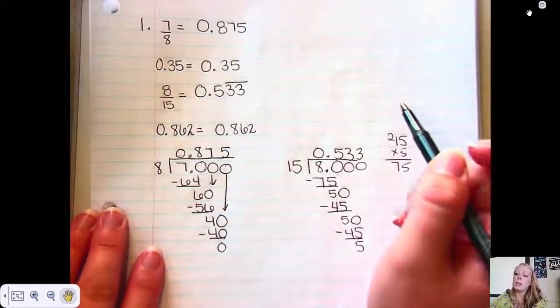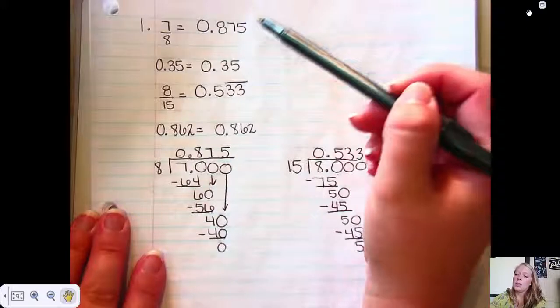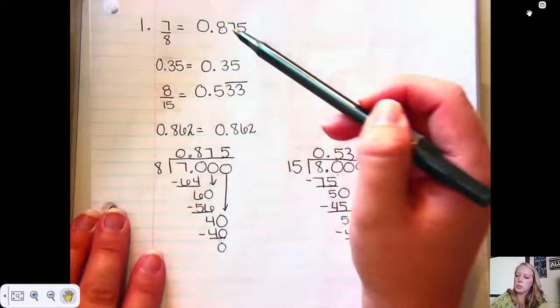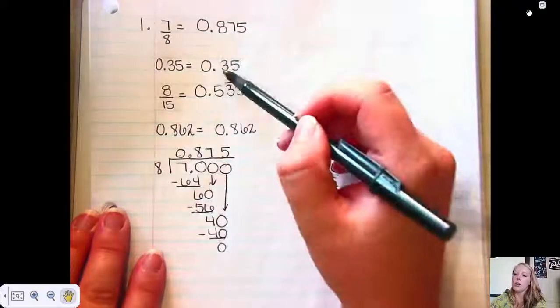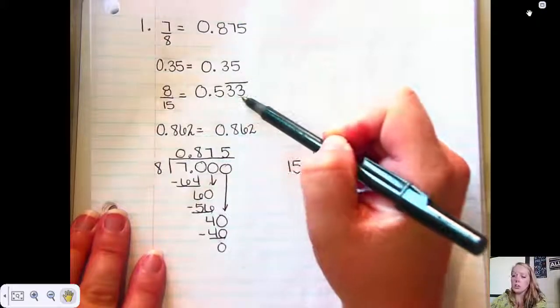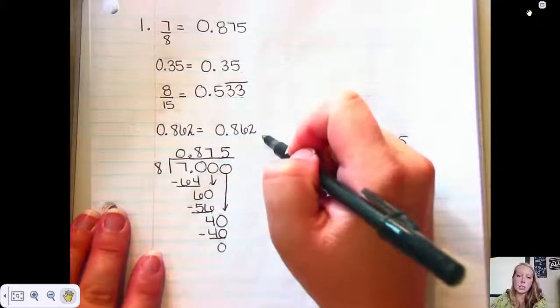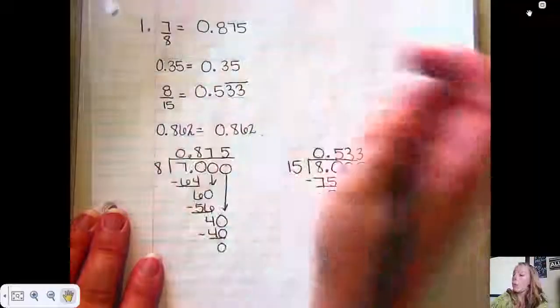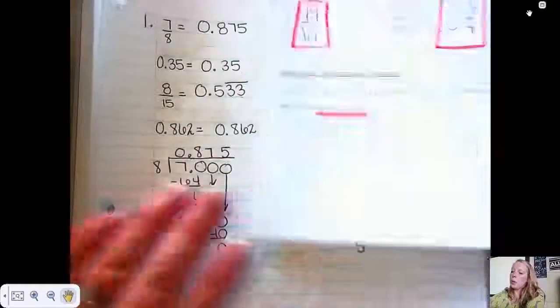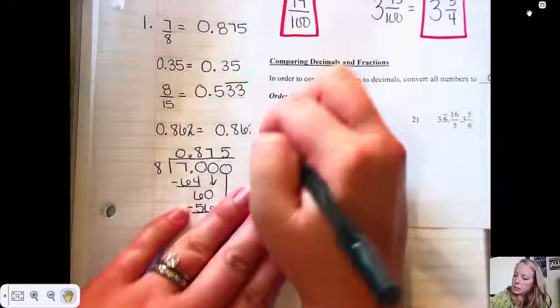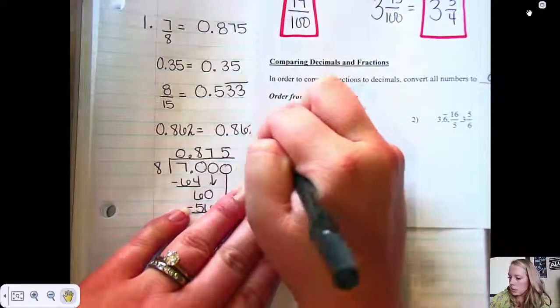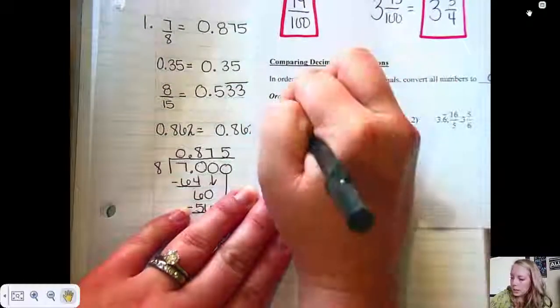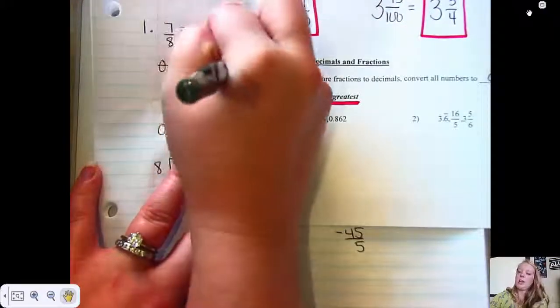Order these from least to greatest. Well, think about these not as decimals: 875, 35, 533, 862. Well, the smallest would be 35, and it was originally 0.35. So I'm going to go back to my paper. 0.35 is the smallest. I cross it off there, cross it off here.